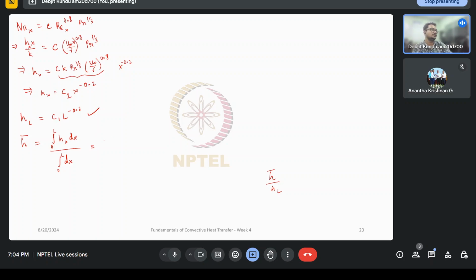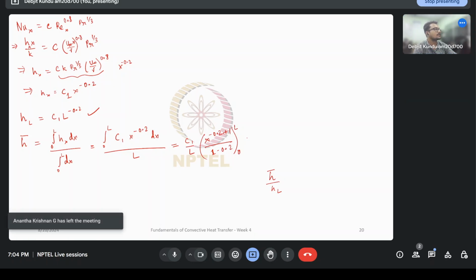All right, so now let's do this. From 0 to L, I have hx given by C1 into x power minus 0.2 dx, and in the denominator this simply becomes L. So further doing this, C1 by L, I'll take all these things out, and integration of x power minus 0.2 is simply x power minus 0.2 plus 1 divided by the same thing, so plus 1 minus 0.2, and this goes from 0 to L. So this becomes C1 over L, and 1 minus 0.2 is 0.8.